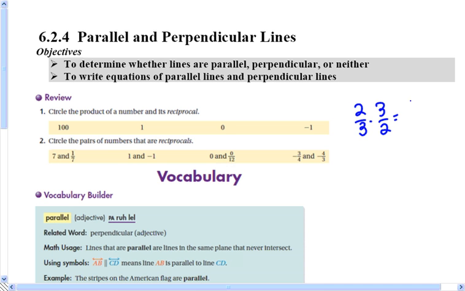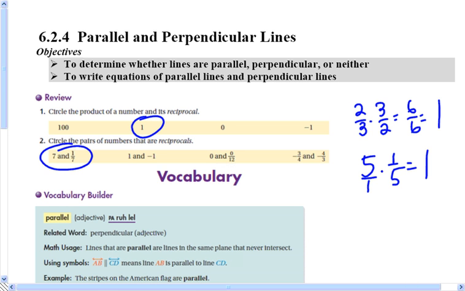And if you multiply those, you always end up with 1. And just for your information, the reciprocal of a number like 5 is 1 over 5, because 5 is really 5 over 1. And so again, when you multiply those, you get 1. Any two numbers that multiply to give you positive 1 are reciprocals.